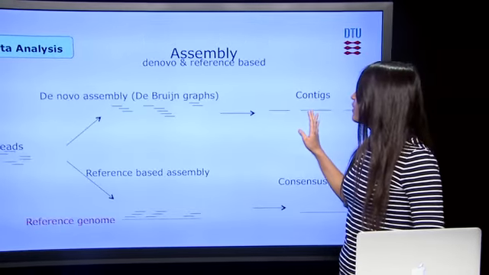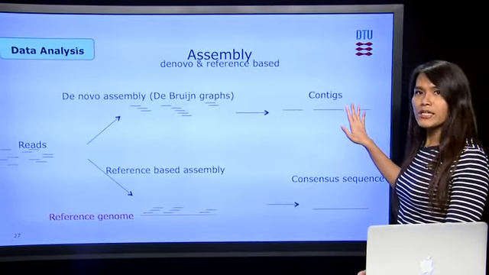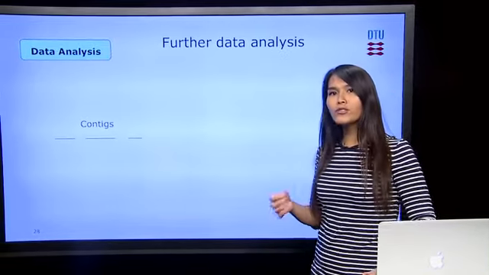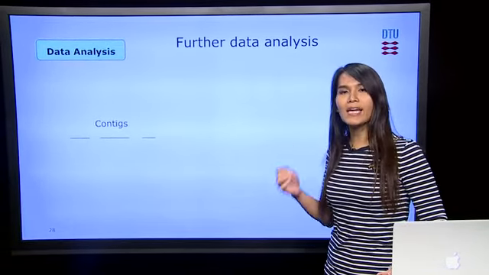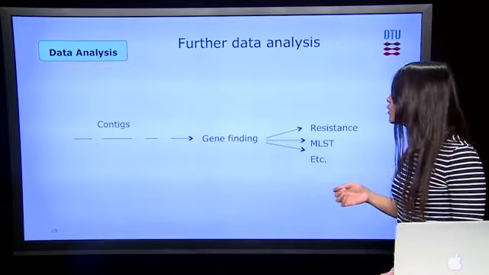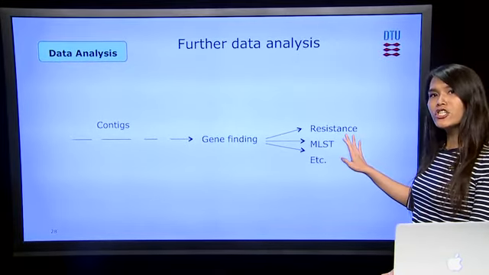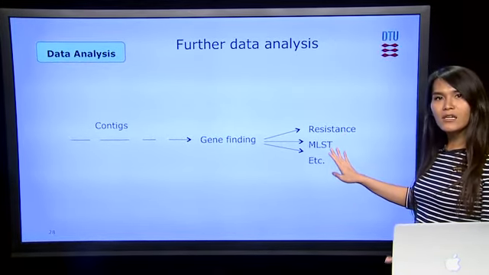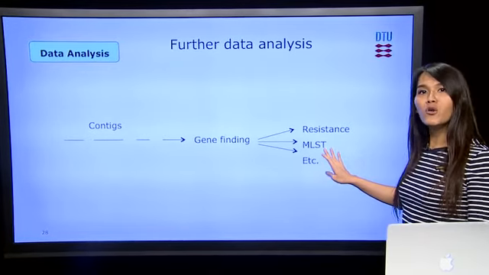Once you have the contigs, what you're going to do with contigs, like I told you, you want to identify genes or any genetic markers that you want to look for. For example, resistance genes, housekeeping genes, or whatever markers that you want to look for.